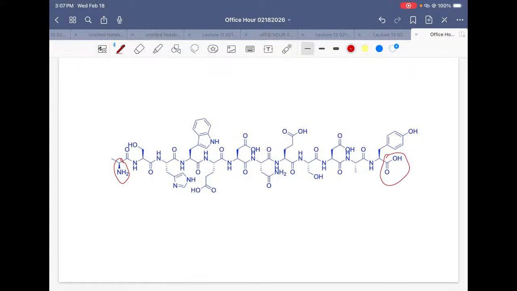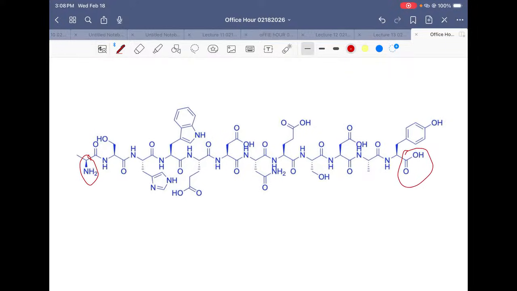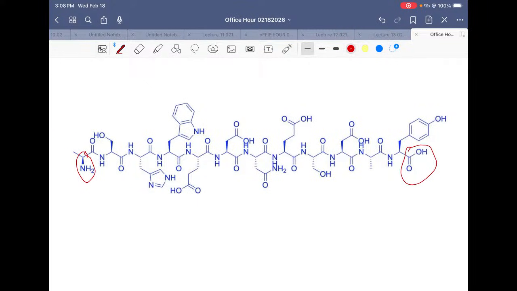All right, so anything else here that we can do to solve this problem? What? This one, alanine, and the second one? Serine.